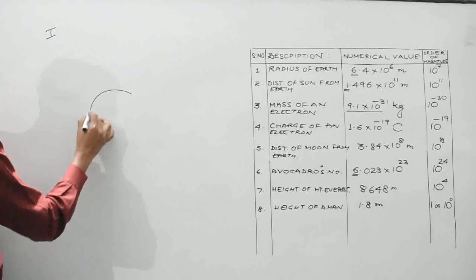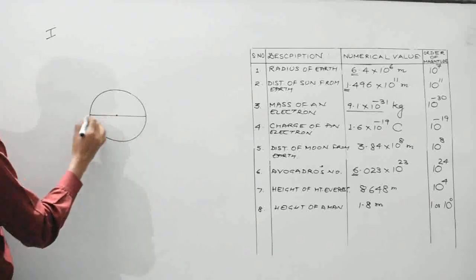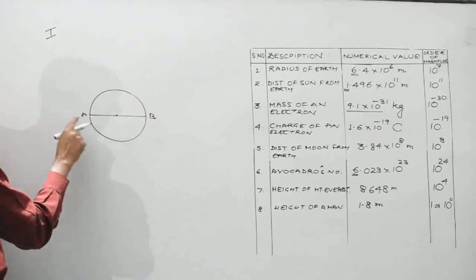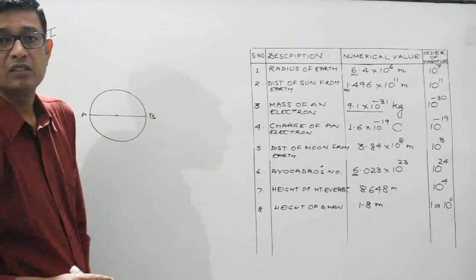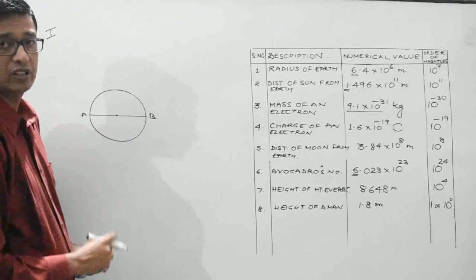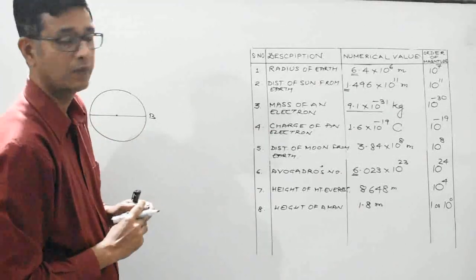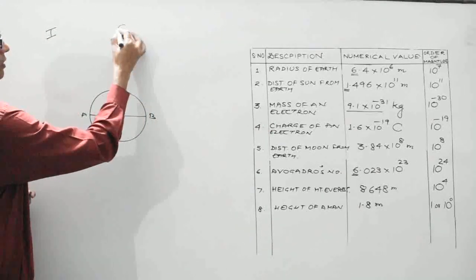This is earth. This is the diameter of the earth. This is A and this is B. These are the two diametrically opposite points, right? Obviously, AB can be considered to be the equator. So these are the two diametrically opposite points on the Earth's surface, right? And there is a heavenly body.